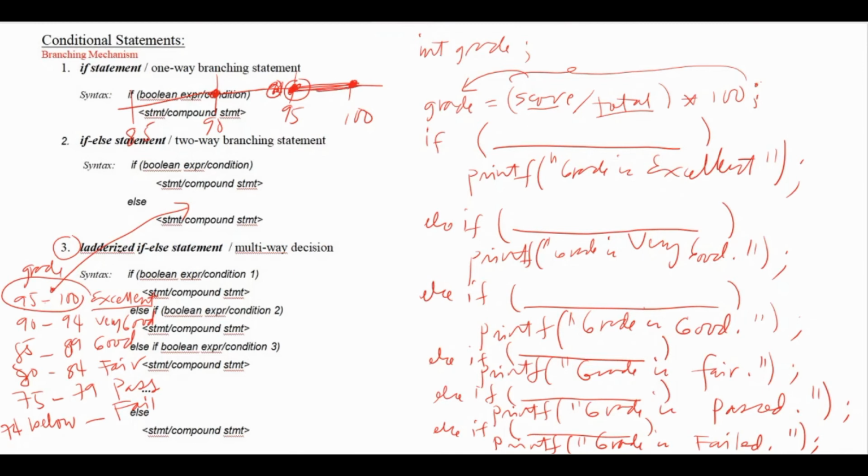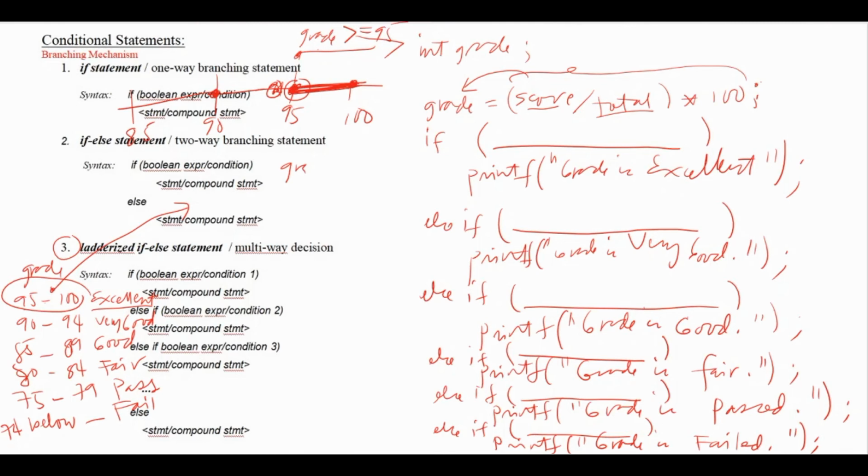So how do you write this range of values in the syntax of C programming language? Take note that these values here, from that to that, we denote as grade greater or equal to 95, right?